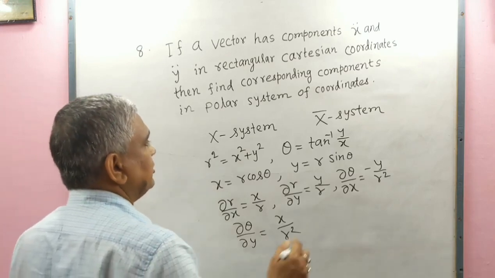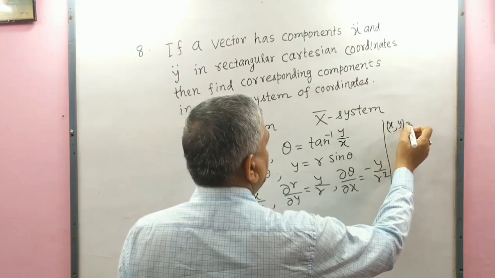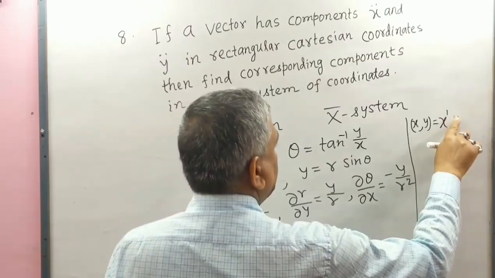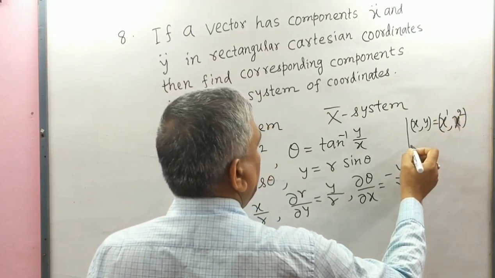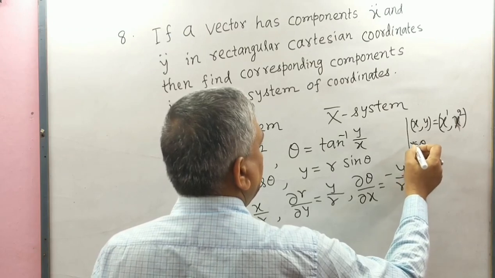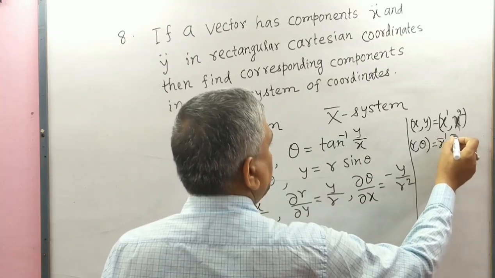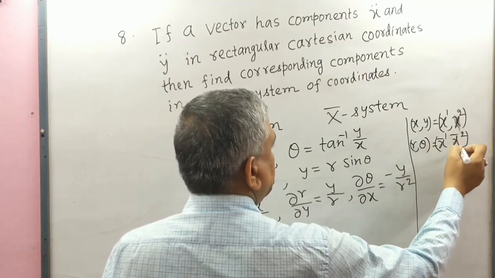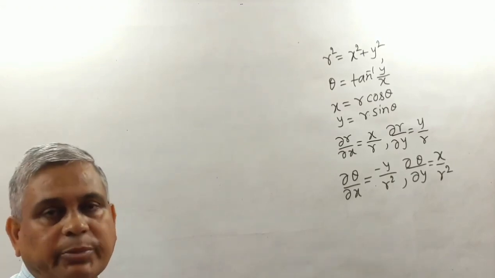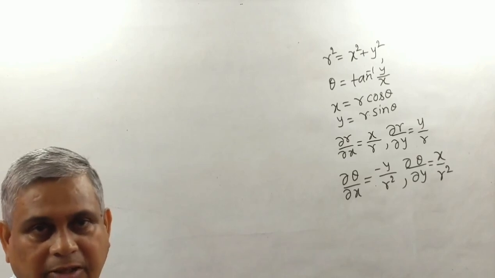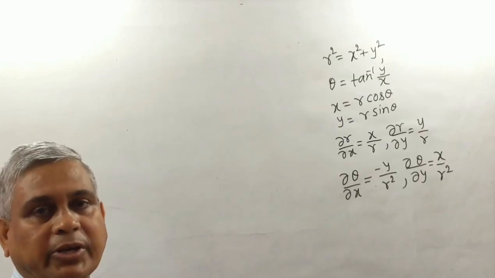We have also considered (x, y) equal to (x1, x2) and (r, theta) equal to (x bar 1, x bar 2). We have already seen that the velocity vector is a contravariant vector. Similarly, the acceleration vector is also a contravariant vector.